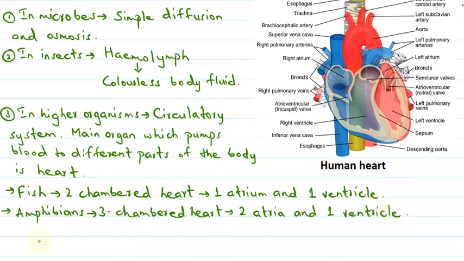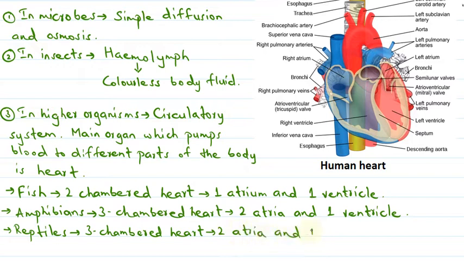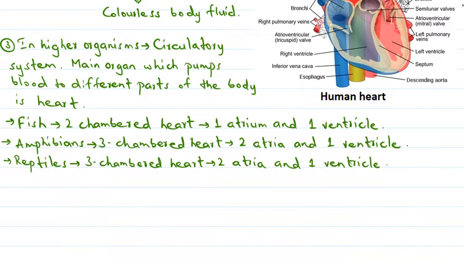Then let's see what happens in case of reptiles. Reptiles also have three-chambered heart consisting of two atria and one ventricle. Now in case of reptiles there is an exception.